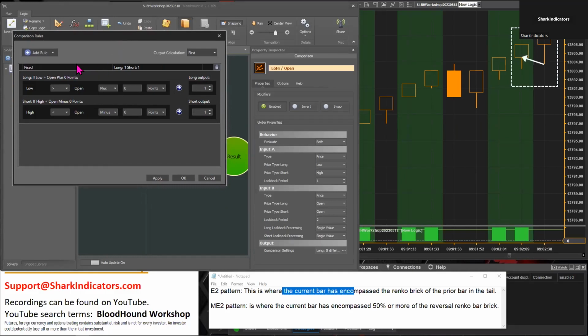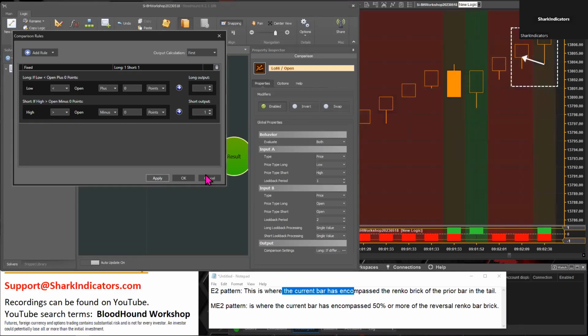So when we look at the rules here, for a long output, it says the low needs to be greater than the open. But no, we want the opposite. We want the low less than the open. So we need to reverse these conditions here. That's why things are backwards. So let's reverse these. That's what we want. We can hit the apply button.